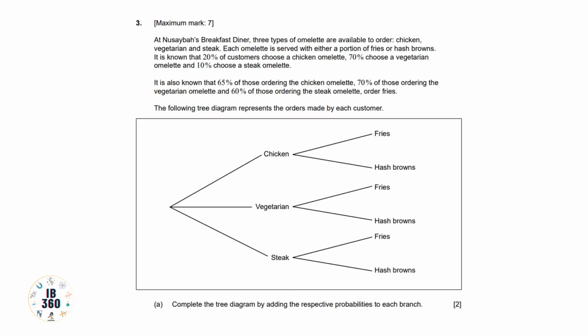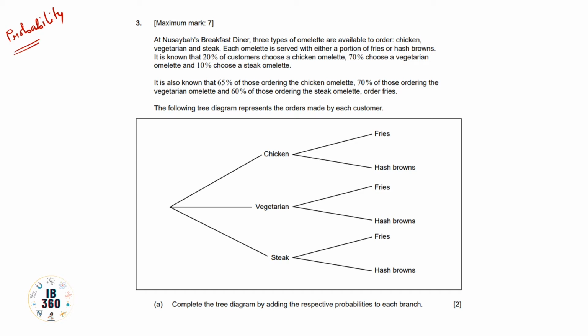Now let's move towards the third problem, which is also from the probability chapter. Three types of omelettes are available to order: chicken, vegetarian and steak. Each omelette is served with either a portion of fries or hash browns.